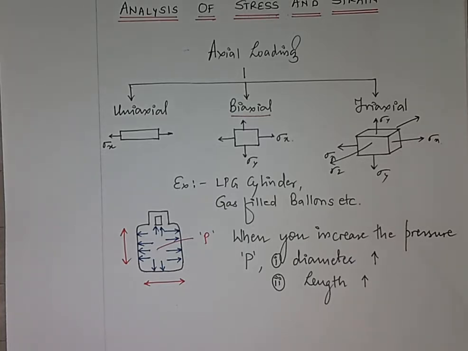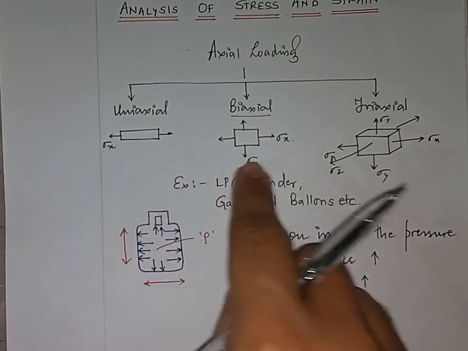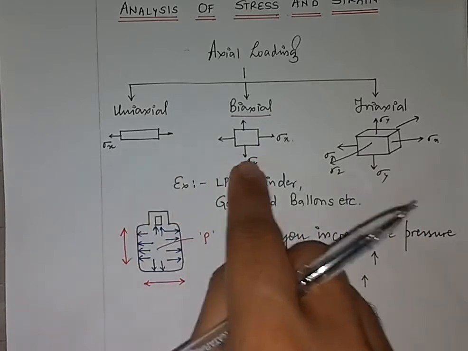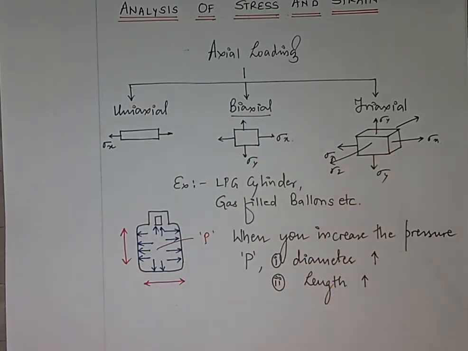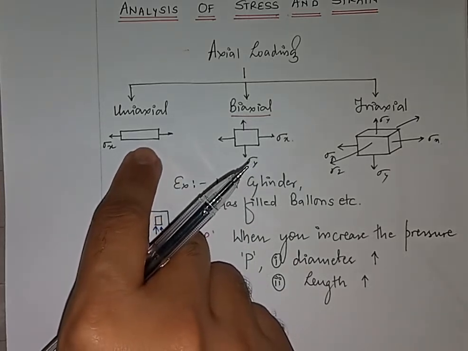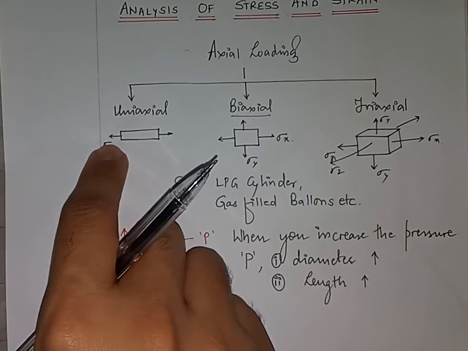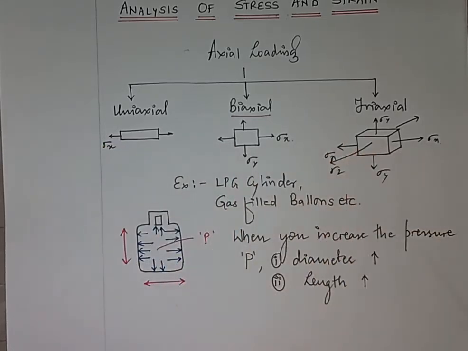Now let us go for a case where, for all these three cases, we are going to check what the stresses are on an oblique plane. Here the loading is along the longitudinal axis.